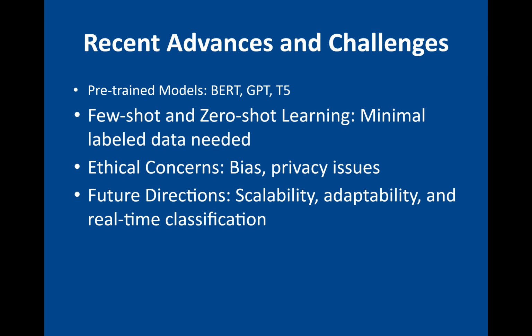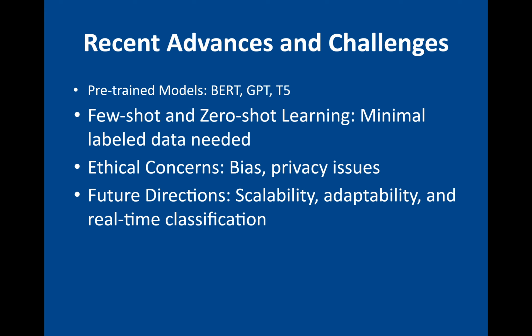And if we talk about recent advances and trends, we have pre-trained models like BERT, which captures bidirectional context. Then GPT, which specializes in text generation and completion. Then T5, which treats NLP tasks as text-to-text transformation.